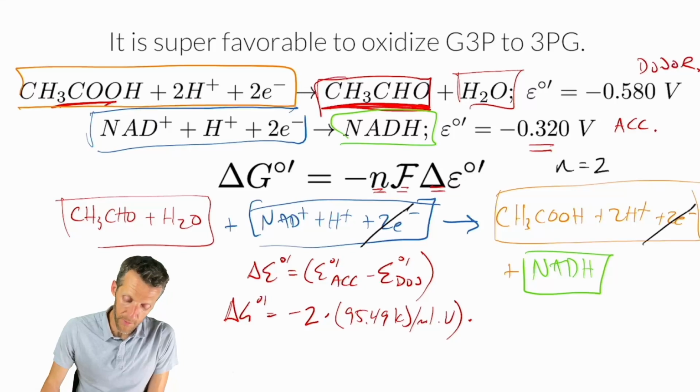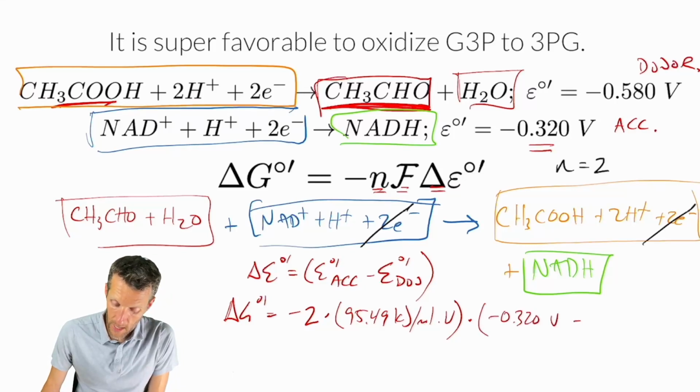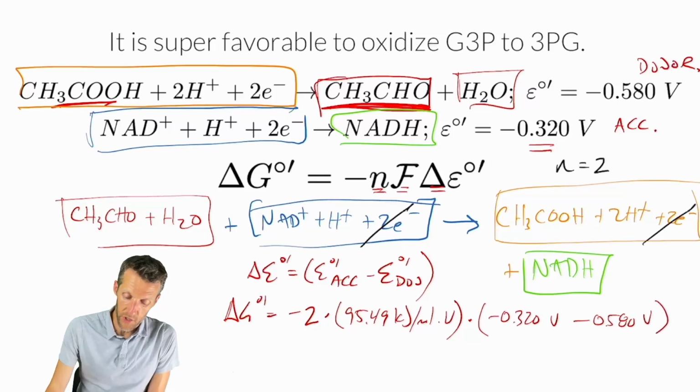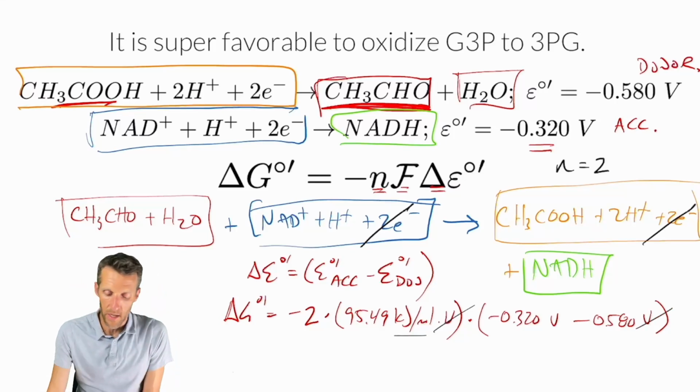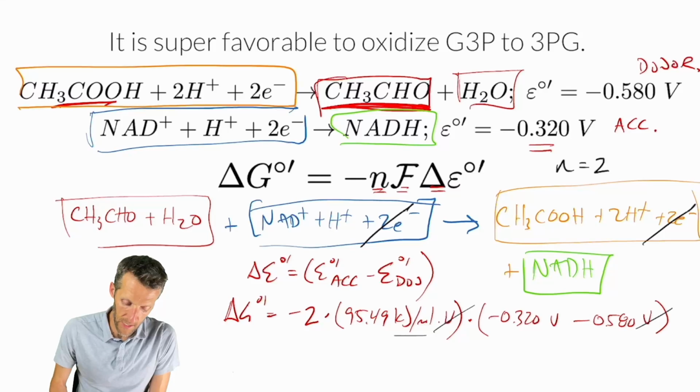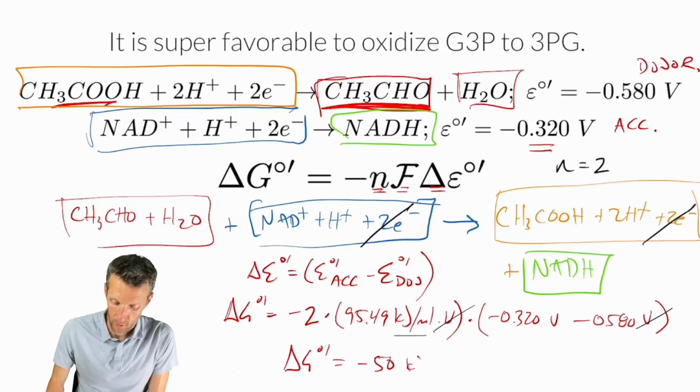And then what is delta epsilon? It's going to be minus 0.320 volts minus 0.580 volts. As a quick check, we can make sure our volts cancel, and we're left with kilojoules per mole. That's good. We want this to be an energy. And the final energy ends up being delta G naught prime equals minus 50 kilojoules per mole.